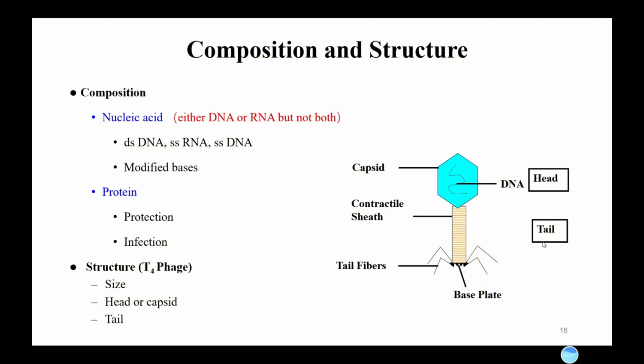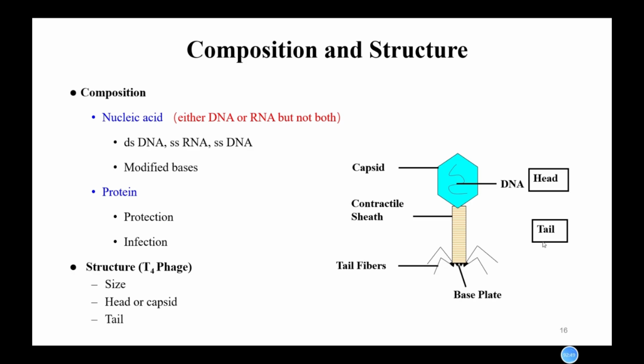And its composition. As long as you know it's a virus, it's the composition of a viral particle: nucleic acid and protein. Nucleic acid is their genome, okay? It can be DNA or RNA, but cannot be both, okay?